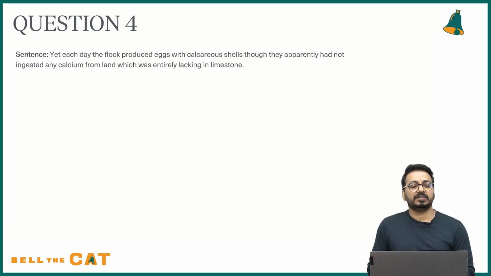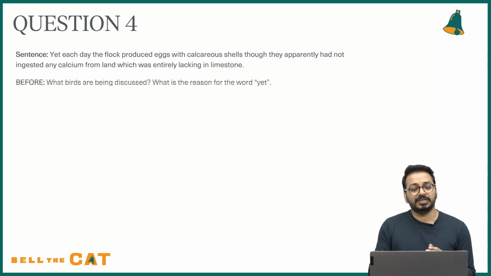Next one. Yet each day the flock produced eggs with calcareous shells, though they apparently had not ingested any calcium, from which was entirely lacking in limestone. Now, quite a few things. Directly you're saying, yet each day the flock produced eggs. So before this, what should happen?